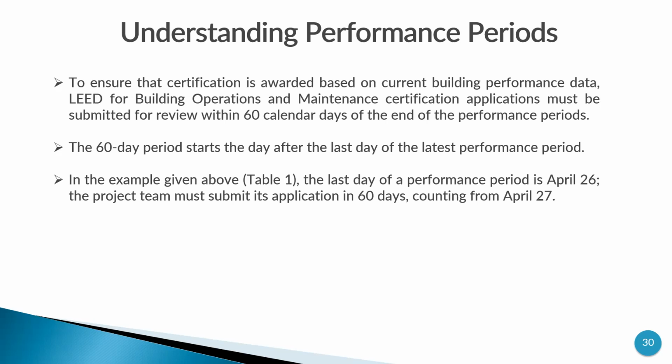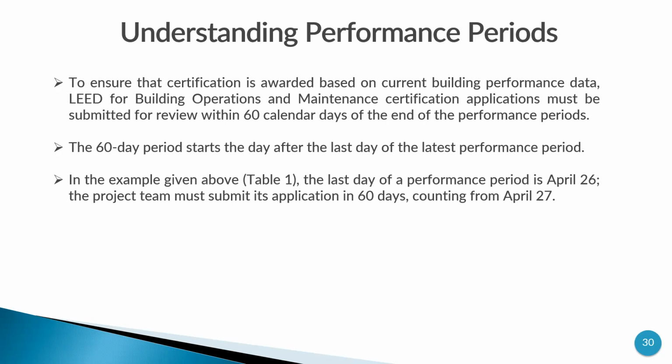Here, the documentation has to be submitted within 60 calendar days, not working days. The 60-day period starts the day after the last day of the latest performance period. In this example, the last day of the performance period is April 26, and the project team must submit its application in 60 days counting from April 27.